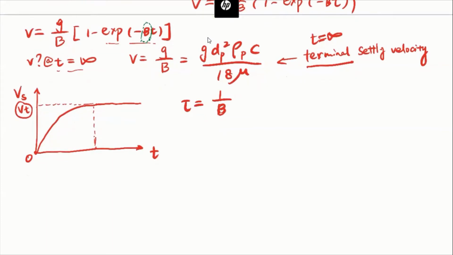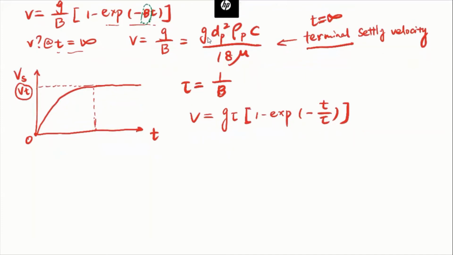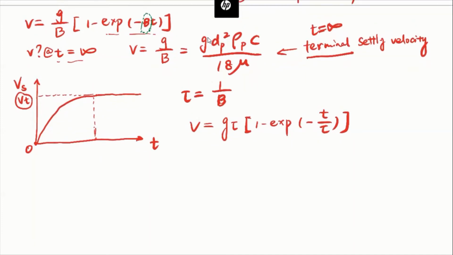Okay, so this thing can change to this equation here, or the settling velocity can change to another term. So we're just going to have g tau, and then 1 minus exponential minus t over tau. Okay, so this is a substitution we make.